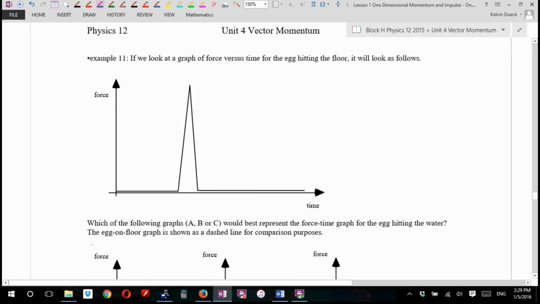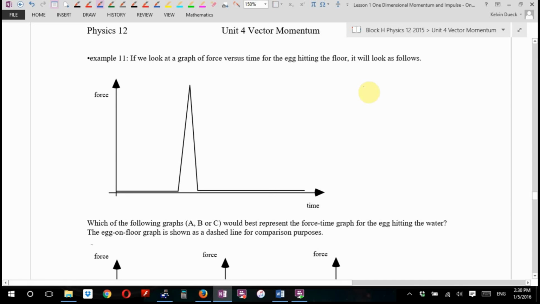That's a huge difference in survivability. If we looked at a graph of force versus time for the egg hitting the floor, it would look like this. By the way, what would the area underneath this graph be? What was the trick I told you to figure out an area?